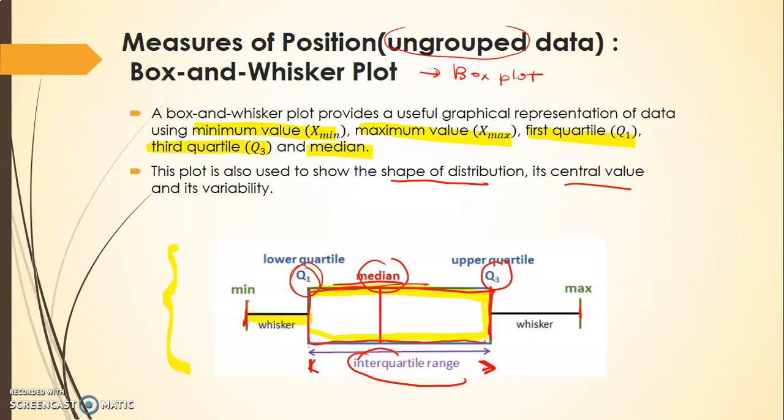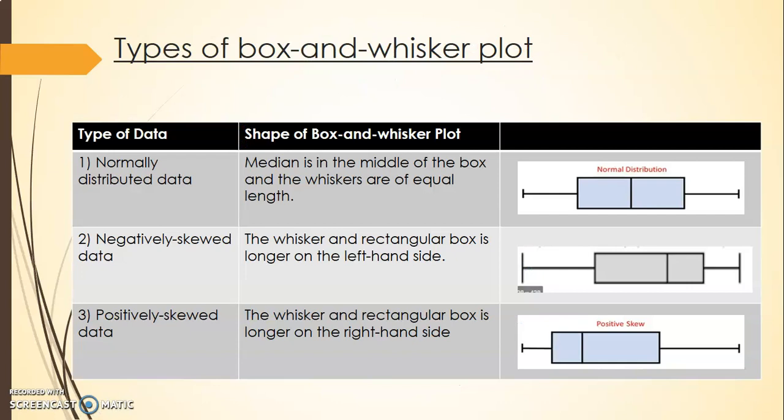Alright, let's look at the types of box and whisker plot. As I mentioned before, box and whisker plot is used to know the spreadness of the data distribution and the central value of the data distribution.